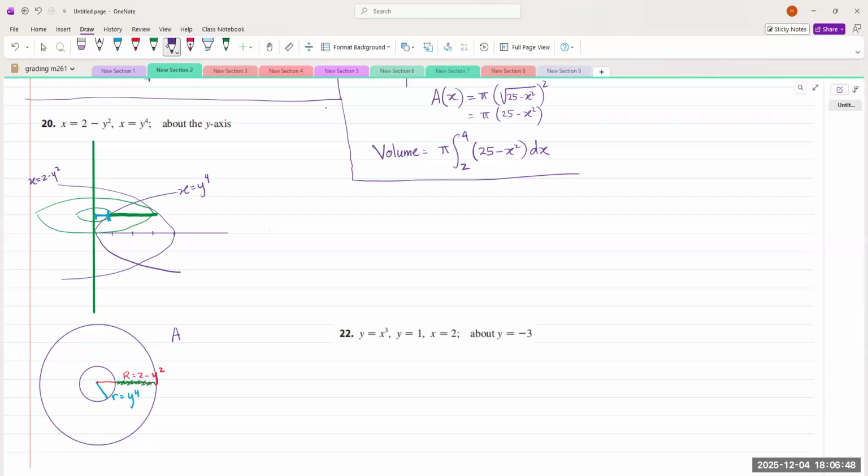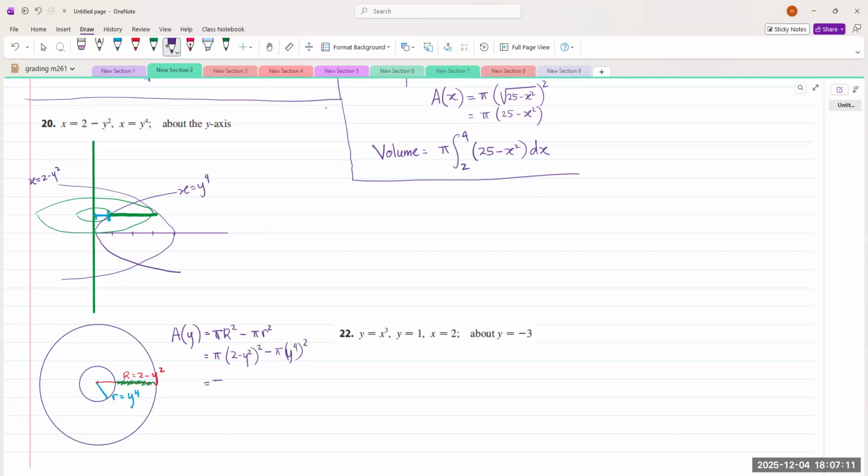Therefore, the area as a function of y will be the area of the big circle minus the area of the small circle. That is pi times 2 minus y squared, being squared, minus pi times y to the fourth, being squared.